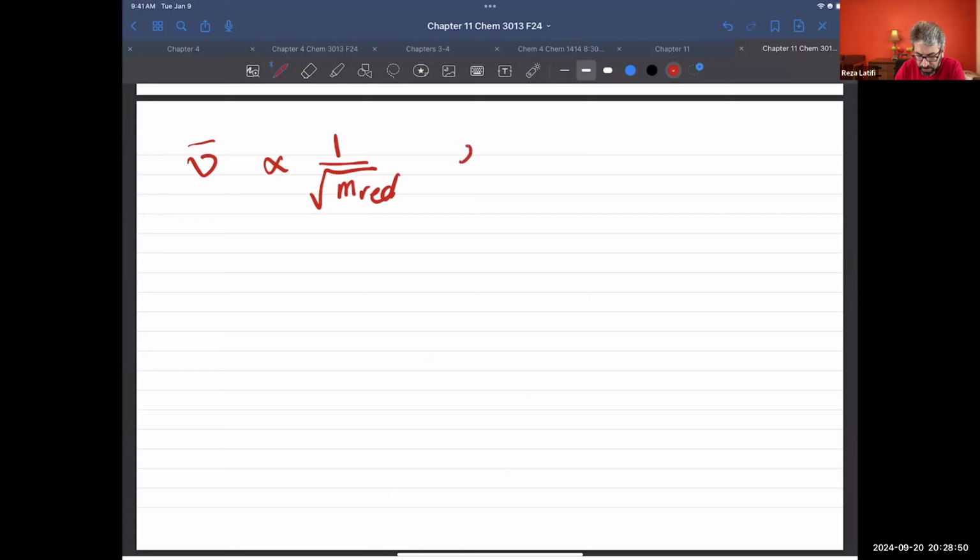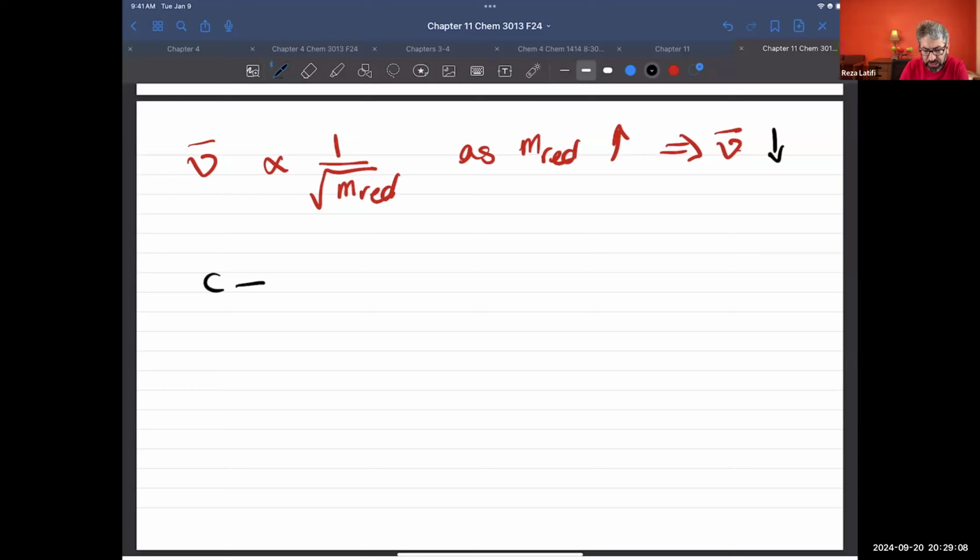As reduced mass goes up, the frequency, the wave number that you need to apply to stretch or vibrate that bond, will be less.